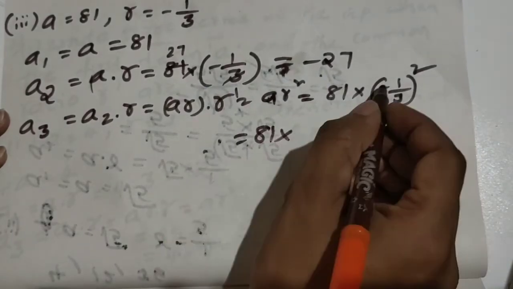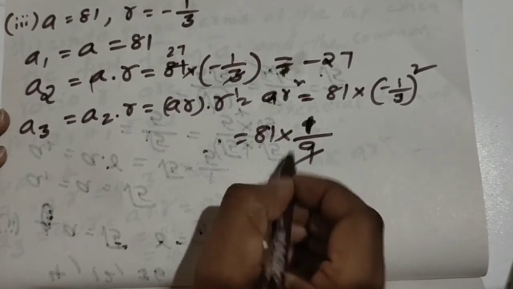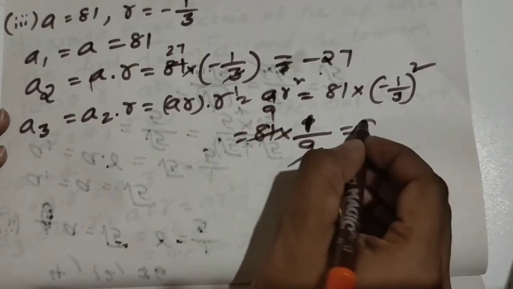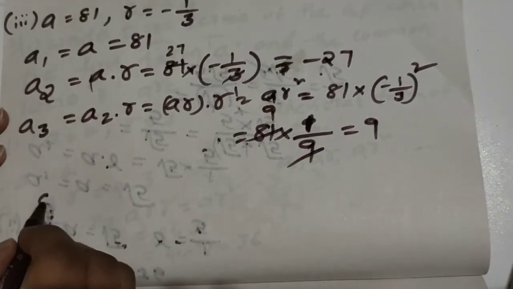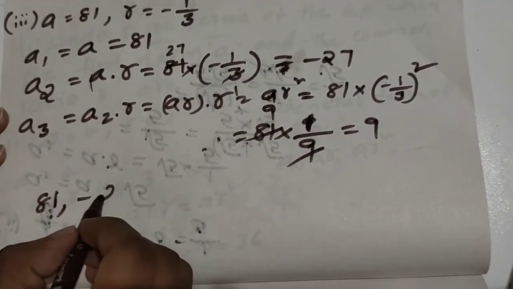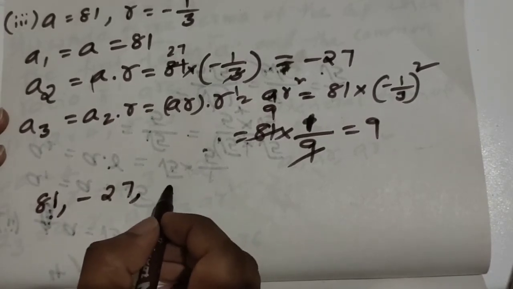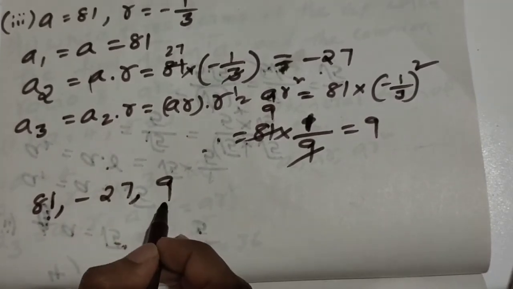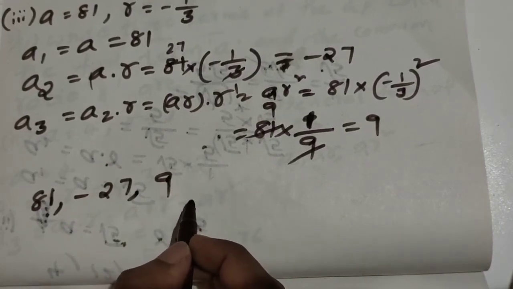Then 81 into minus 1 square is 1, 3 square is 9. So 9 9s are 81. So we got 9. Then the terms are 81, minus 27 and 9. Okay, so these are the first three terms of this GP.